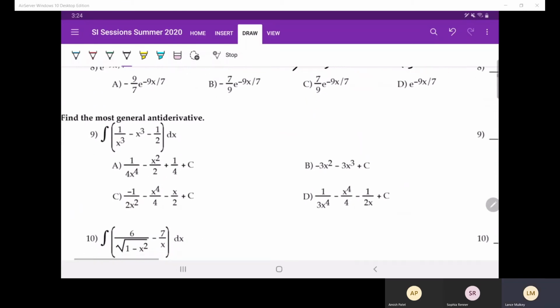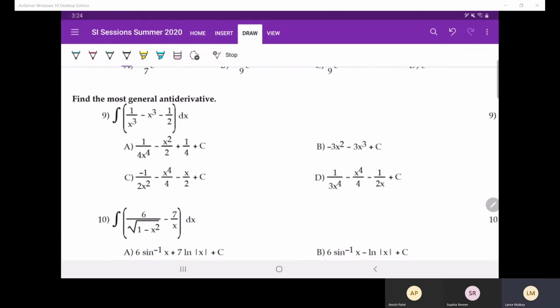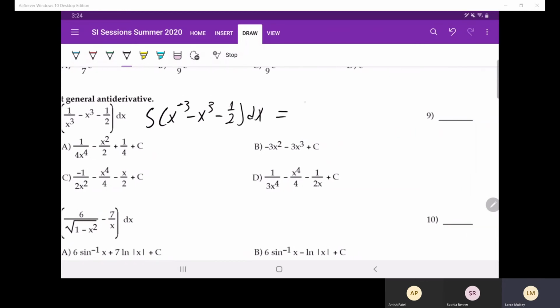So, and here you're taking the general antiderivative, so you're doing the same thing. Just do it like this. The integral of x to the negative 3 minus x cubed minus 1/2 dx equals 1 over negative 3 plus 1 times x to the negative 3 plus 1. And then I'm just going to do this.